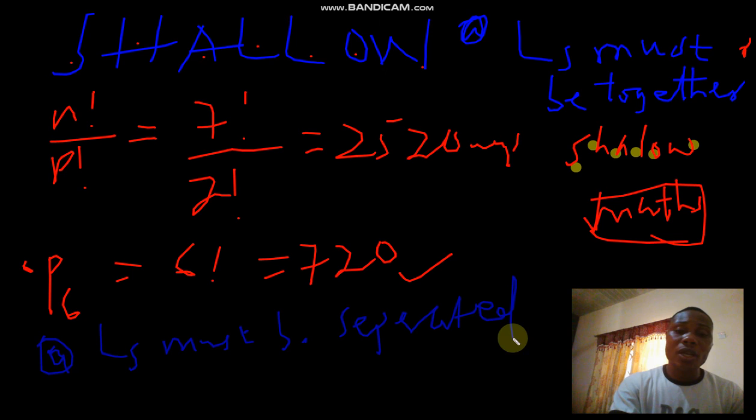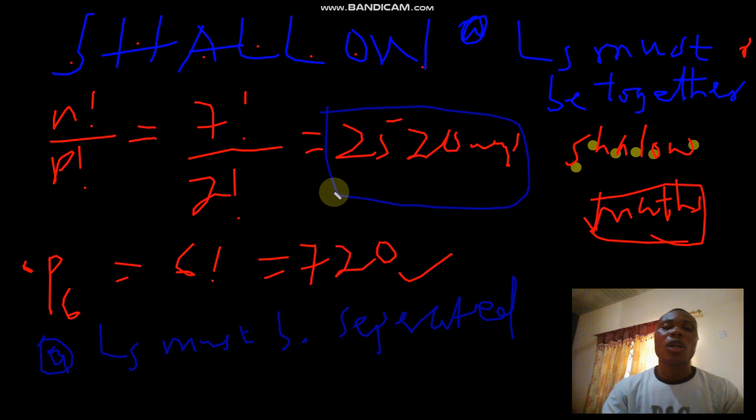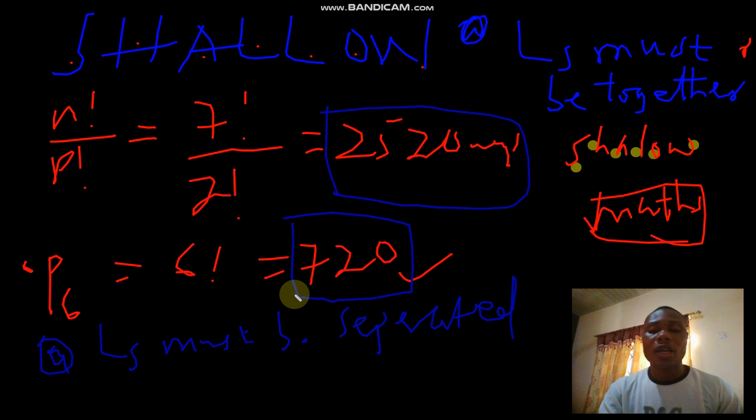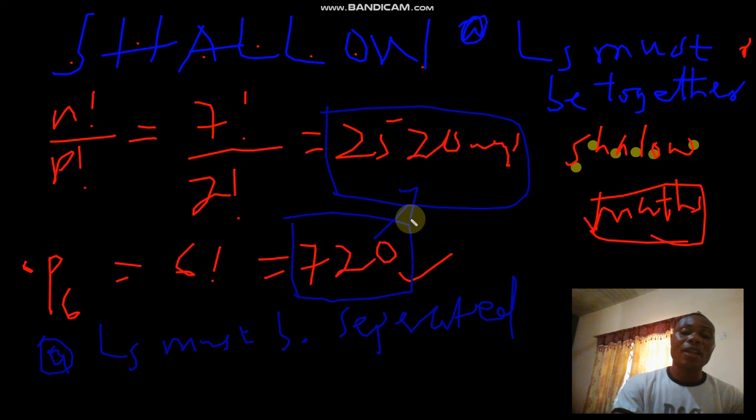We know the total number of ways of arranging the letters, and we also know the number of ways when the L's are together. So to find the number of ways when the L's are separated, we subtract the together value from the total, because separated and together should give us the total. That is what it actually means.